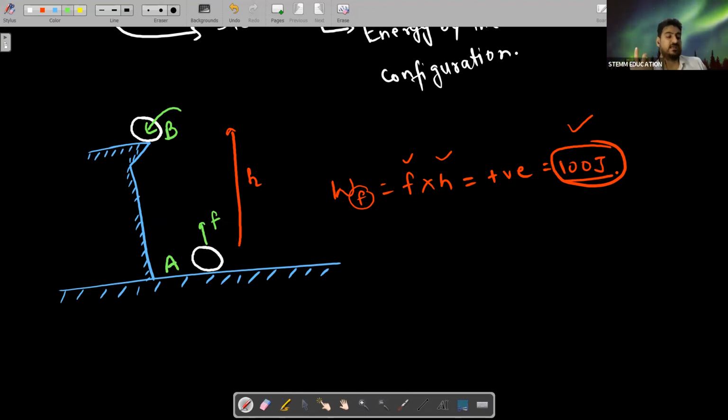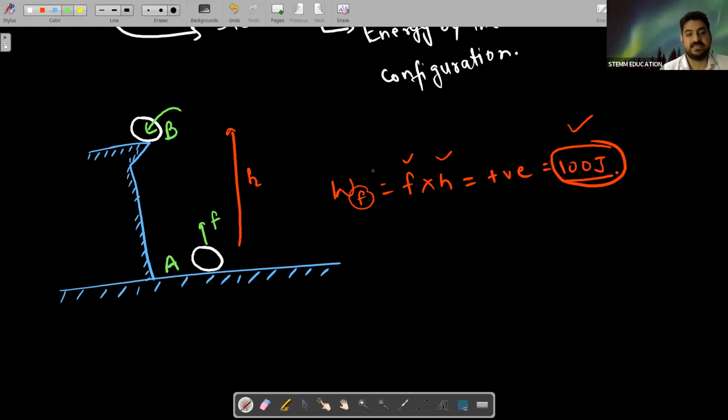Now, for the purpose of changing this configuration, we had to apply some force. And when we applied some force, the amount of energy lost by the person exerting that force, in this case the external agent, is that much energy, and this energy is stored in the body.